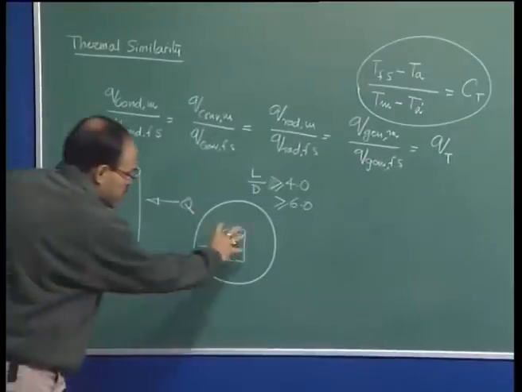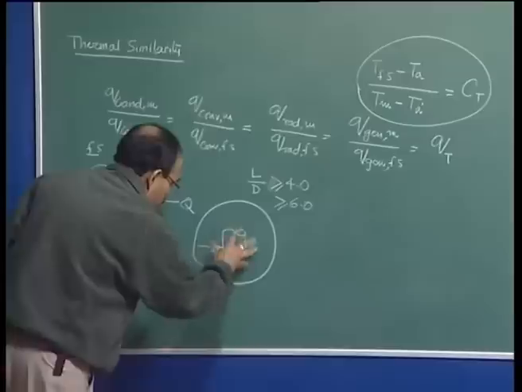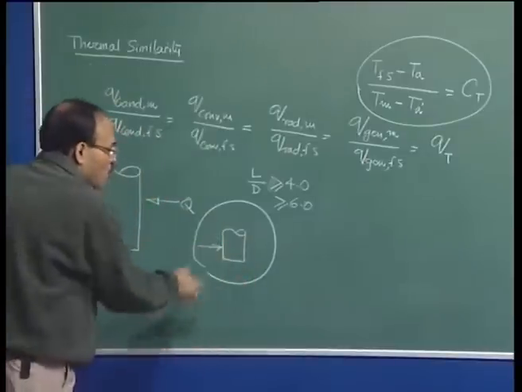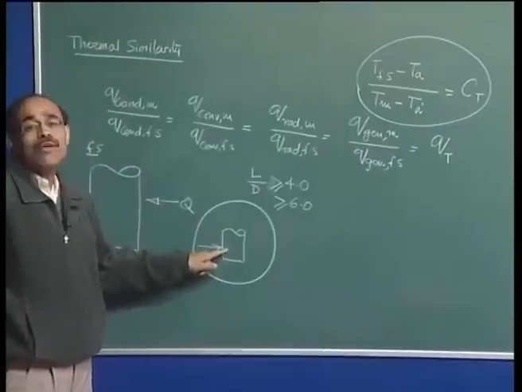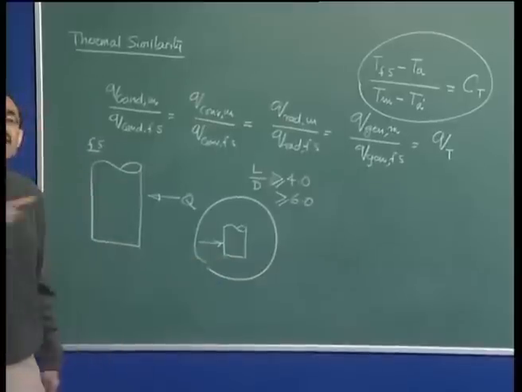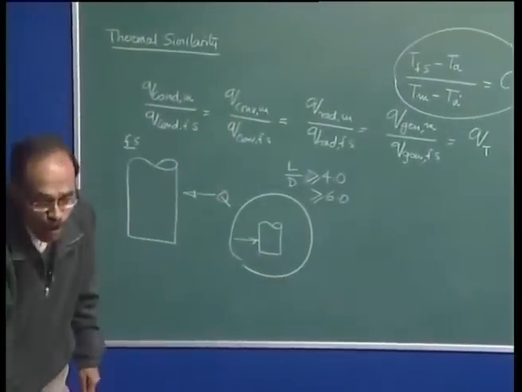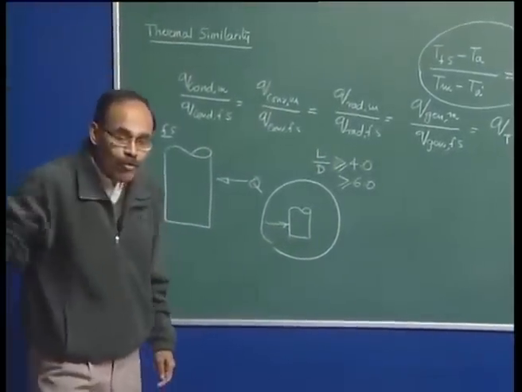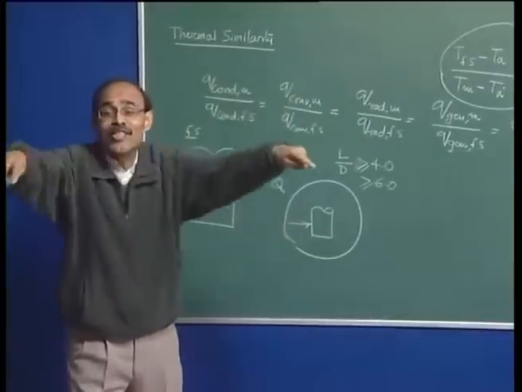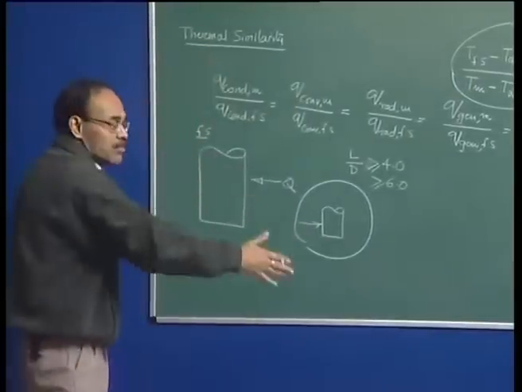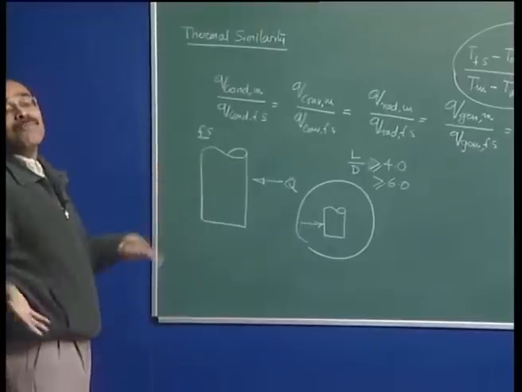So if it is a very long cylinder or an infinitely long cylinder, I can say that this is basically a case of one dimensional heat conduction. The heat is flowing in the radial direction. Flow of heat along this direction is not important. Flow of heat along this direction is not important. Why not? Because the object is a cylinder, so it is symmetrical for every theta. You see, the scenario is absolutely identical.